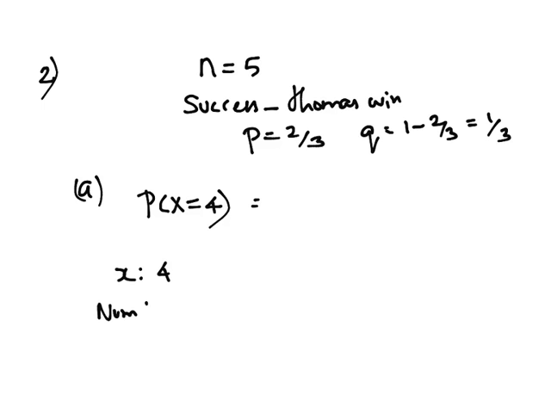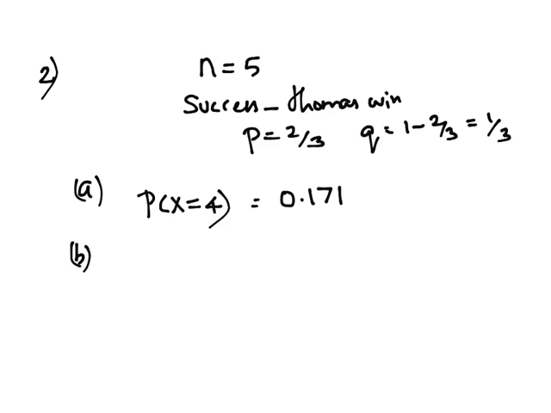Number of trials is actually 5, isn't it? Out of 5 games. And then you write P as 2 divided by 3. So you'll get 0.1707. So 0.171 as the answer. So probability that he will win exactly 4 games is 0.171.